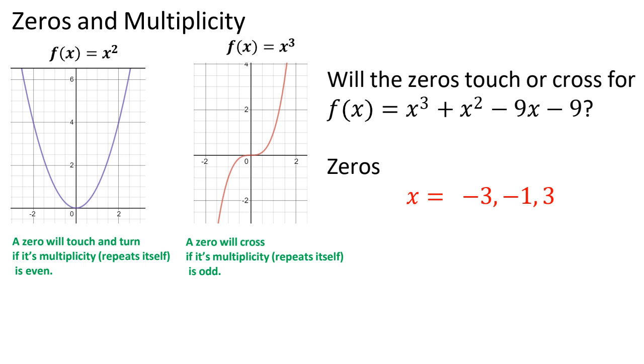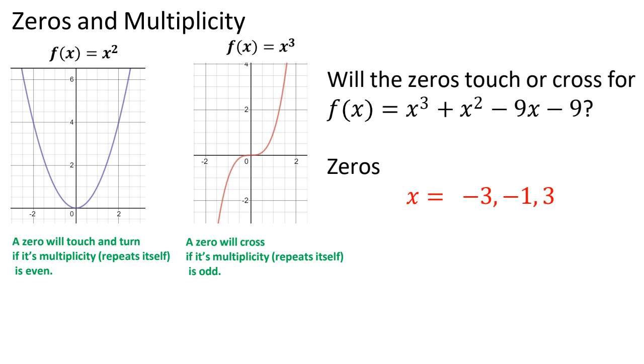Now, my zeros are at -3, -1, and 3, okay? They're all odd multiplicity. So what that means is that these three values actually cross the x-axis. There's none of them that touch and turn back. That only happens when we have double zeros or an even multiplicity, okay?